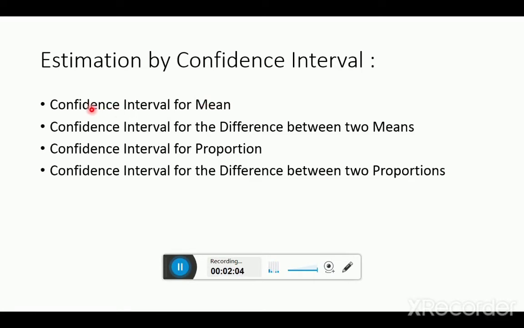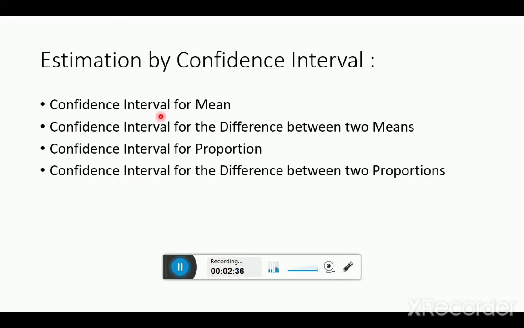So our topics will be confidence interval for mean, confidence interval for the difference between two means, confidence interval for the proportion, and confidence interval for the difference between two proportions. In this lecture we are going to study our first topic, that is confidence interval for mean, meaning confidence interval for mu, the population parameter mu.